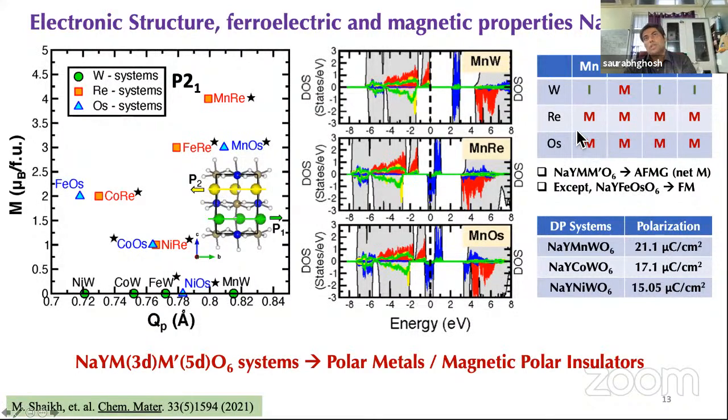We found that the rhenium-based and osmium-based systems are metallic but still have polar distortions, so they are polar metals. But the manganese- and cobalt-based and tungsten-based systems are insulating, so they are basically magnetic polar insulators.